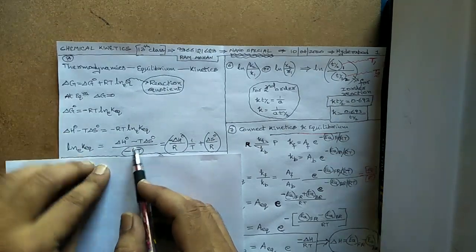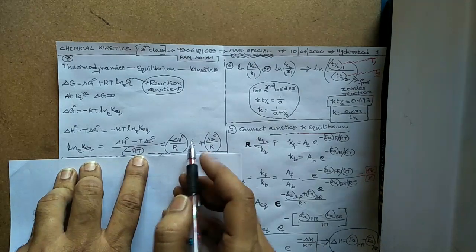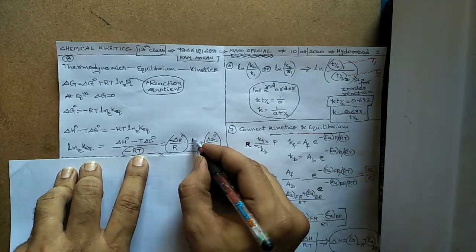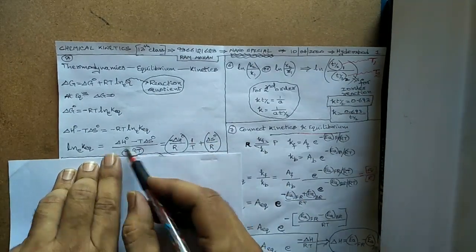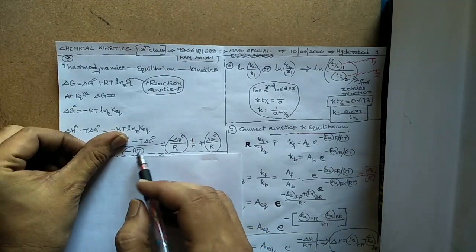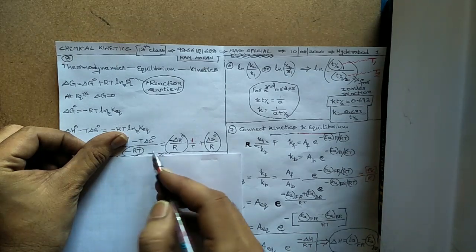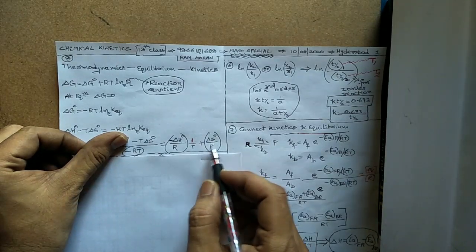I'll expand the numerator, so that I'll be getting minus delta H naught by RT. The T is being taken out as 1 by T. That minus has come from the denominator. Now when I remove this, I'm left with minus T delta S naught by minus RT. Minus minus gets cancelled, T gets cancelled. So plus delta S naught by R.